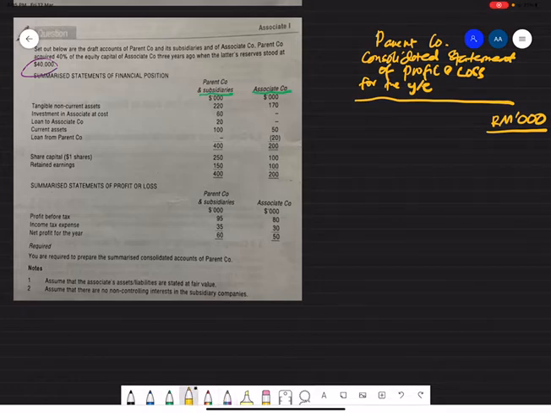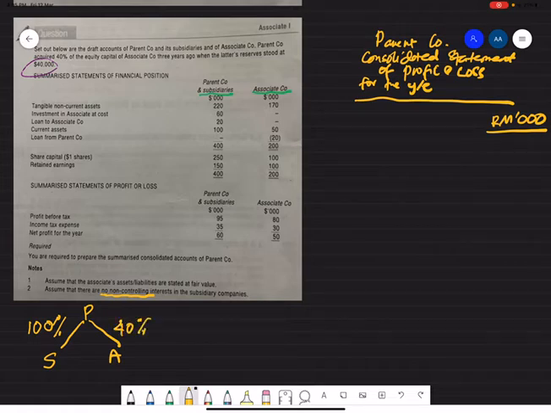So what we know is that P holds shares in S. The assumption is there are no non-controlling interests. It means 100%, if you look at the notes, no non-controlling interest. So 100% in S, and in A, 40%.